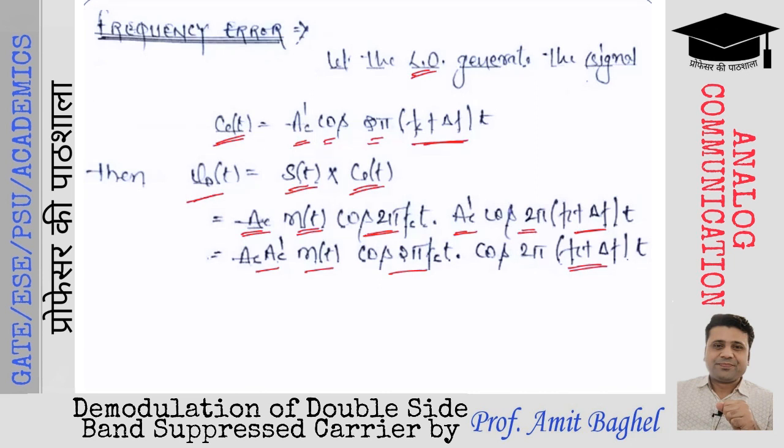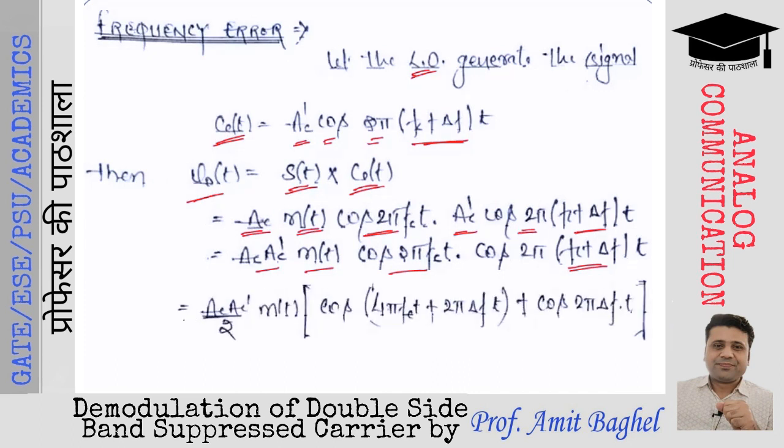Simplify it again with the same mathematical formula for cos A cos B. I'll get Ac dash by 2 m(t). 2 cos A cos B is cos of (A plus B) plus cos of (A minus B). So cos of (A plus B) will produce 4 pi fc t plus 2 pi del f t, whereas cos of (A minus B) will produce cos of 2 pi del f t.